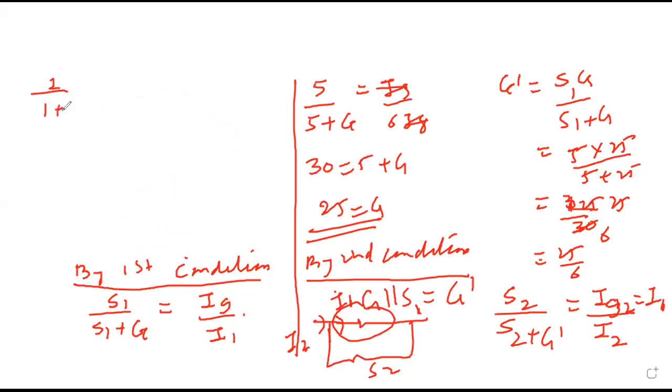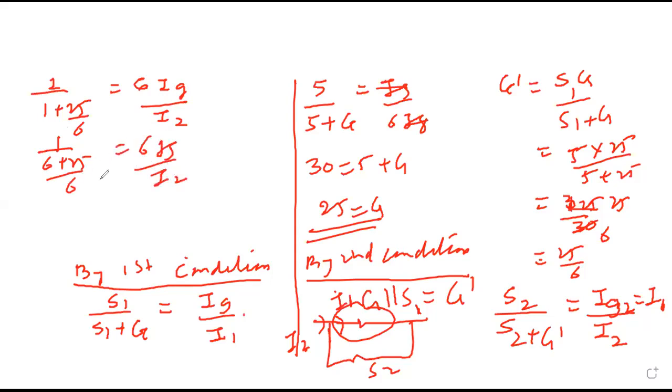1 upon 1 plus 25 by 6 is I1, which is 6 times IG upon I2. So 6 plus 25 upon 6, that is 31 upon 6, is 6 IG upon I2. 6 goes up. Therefore, I2 is 31 times IG.